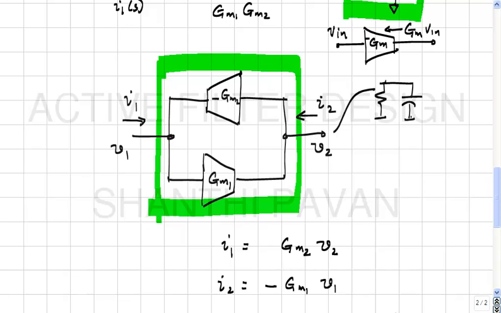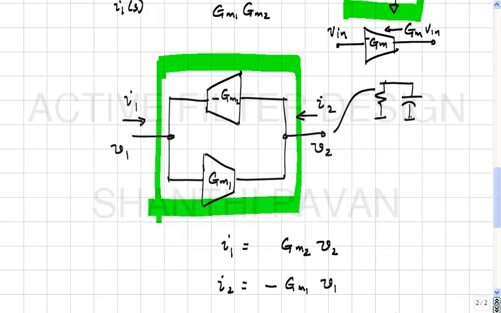Okay. So what is Y at port 1? It's G plus SC. It's a shunt combination of two admittances. So the admittance looking in at port 2, I mean terminating port 2, is conductance plus some SC, which means that the impedance looking in here must be proportional to some A plus B times S, right, which corresponds to a resistor and inductor in series.